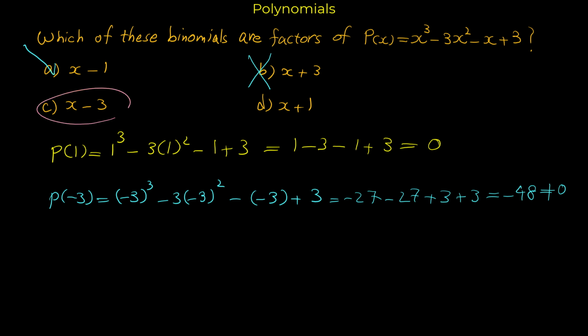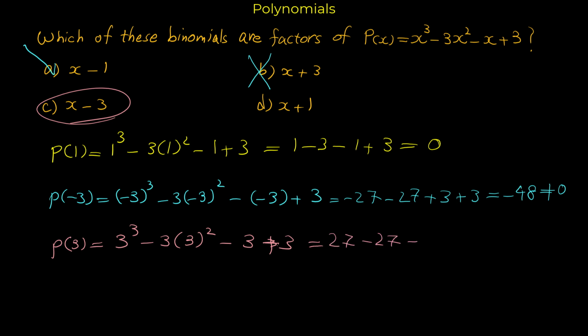So far we know this. Now what about x minus 3? We can check it with p of 3. If p of 3 is 0, then it is a factor. Then we have 3 to the 3 minus 3 times 3 to the 2 minus 3 plus 3. This is 27 minus 27 minus 3 plus 3. It is 0. So this is also a factor of that polynomial.